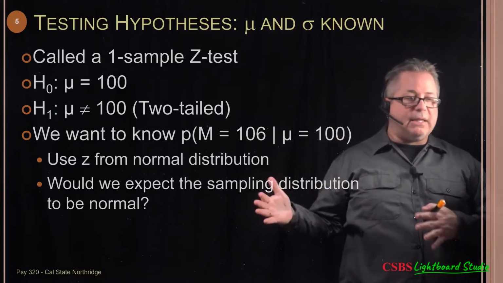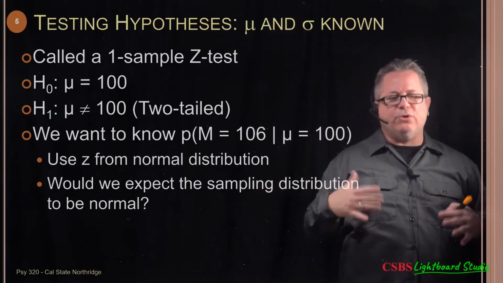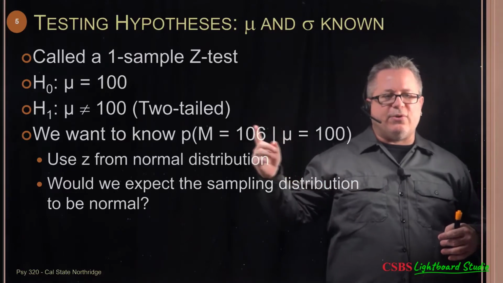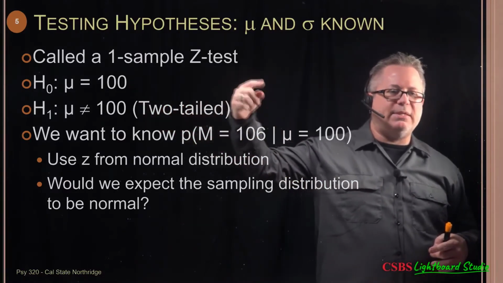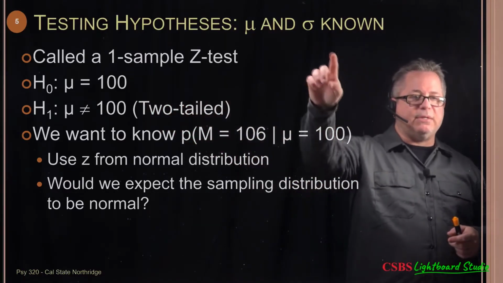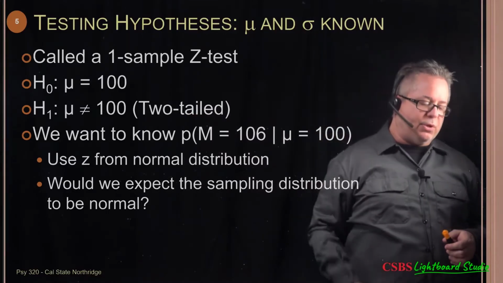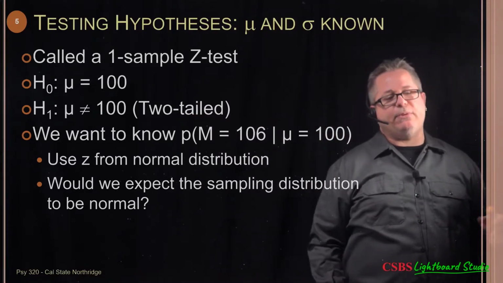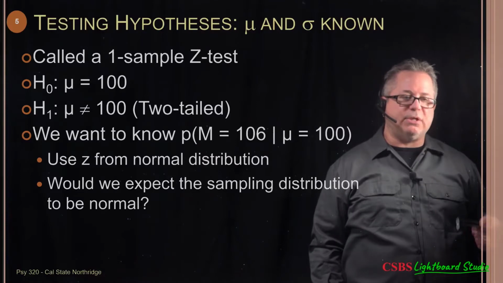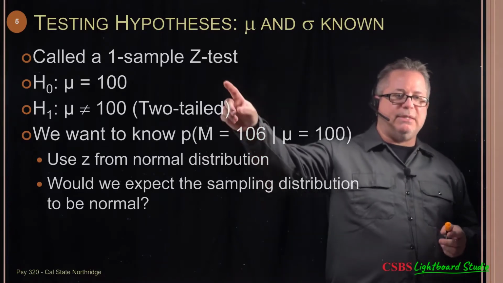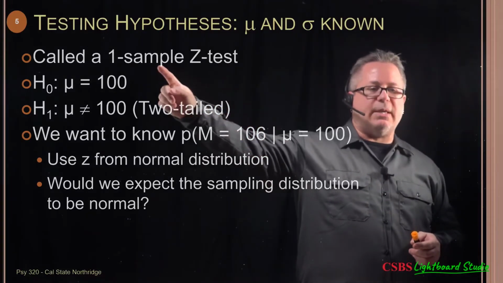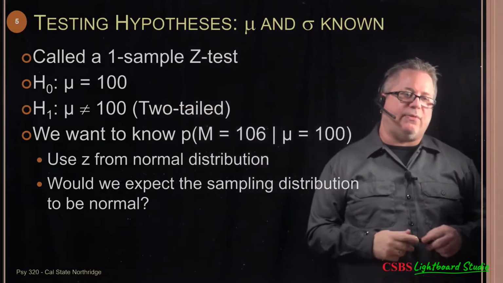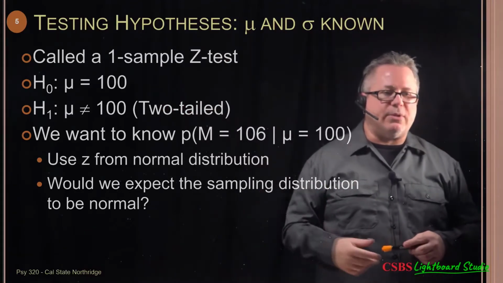We did that last time, but we didn't formally do it. So this is called a one sample z-test. It's a z-test because sigma is known. We're going to do a t-test in just a bit when sigma is unknown, but when sigma is known, we can do a z-test. It's one sample because we only took one sample of size 25, and we're comparing it to a population value.